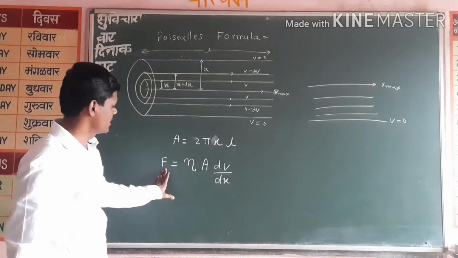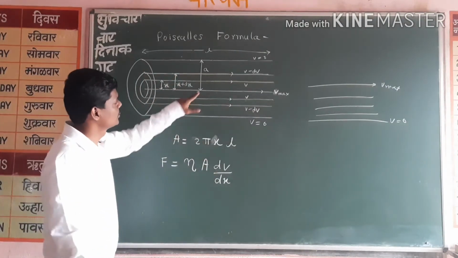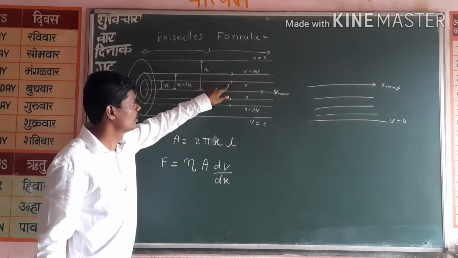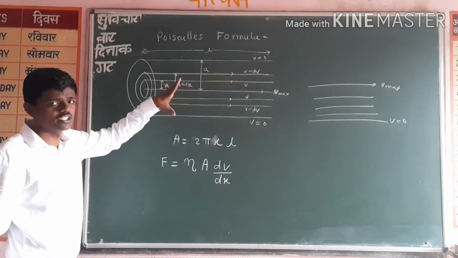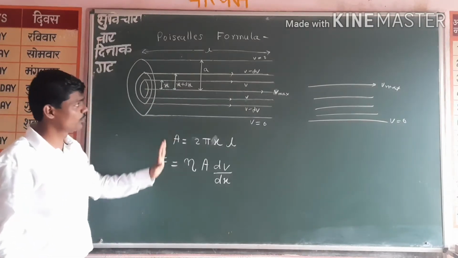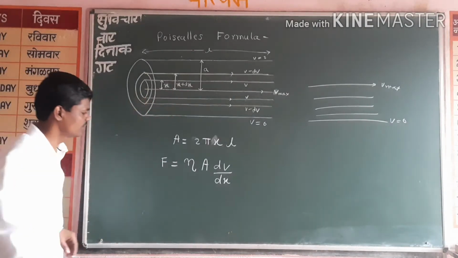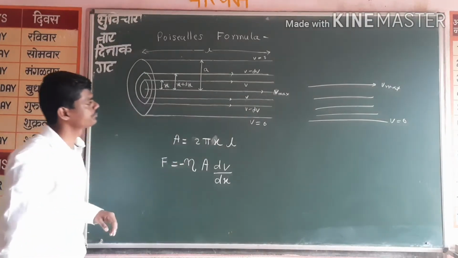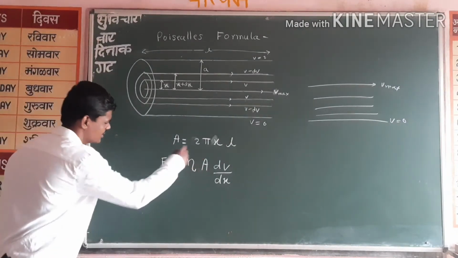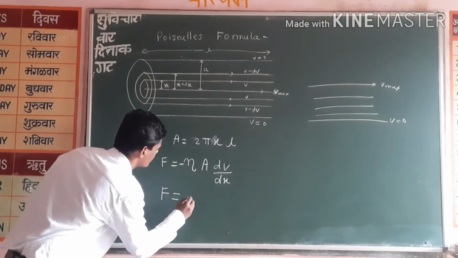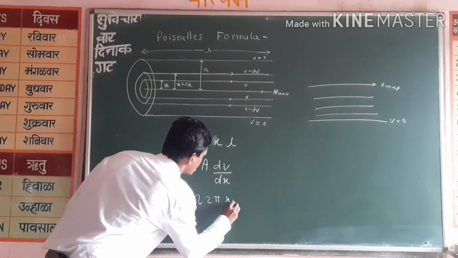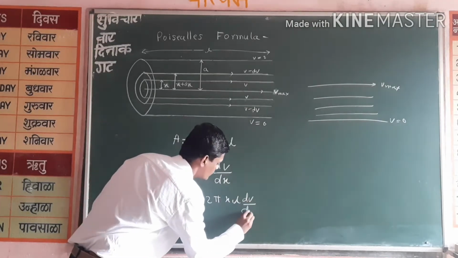The liquid is flowing in the direction shown by the arrow, but the viscous drag force is in the opposite direction. So we have to consider a minus sign here. Now putting this area into this formula, we get F equals minus eta 2 pi x L dv by dx.